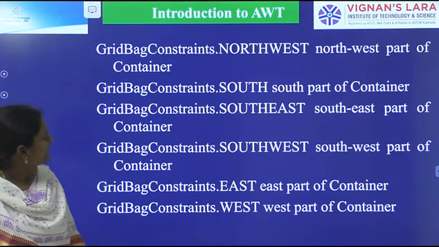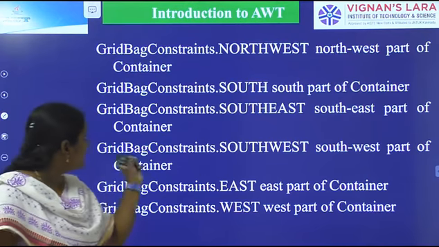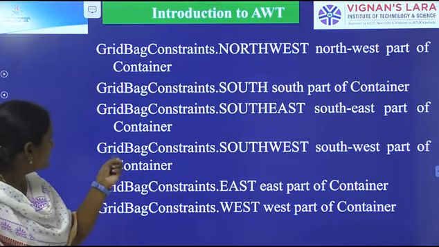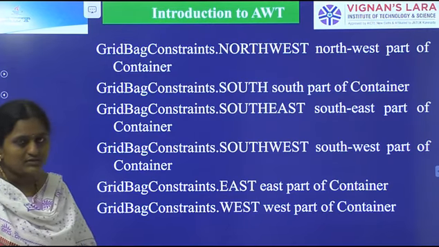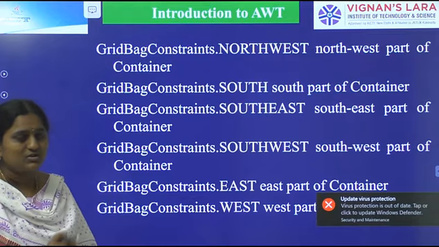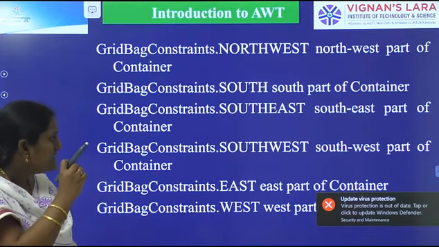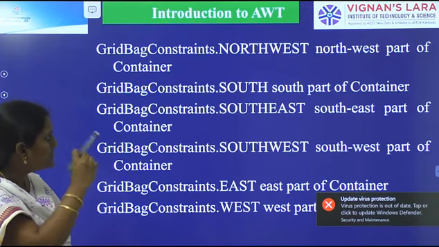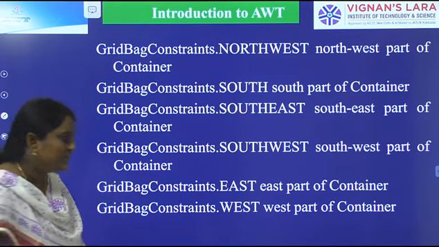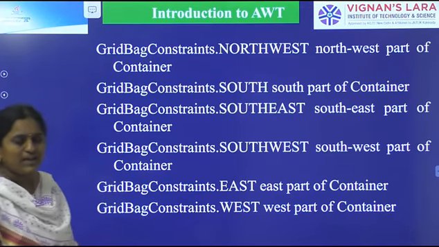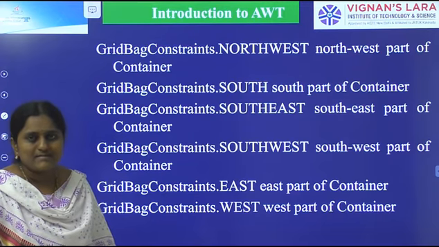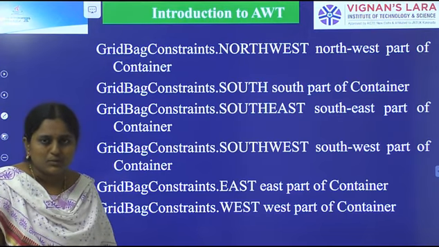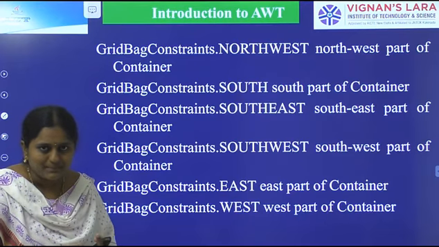In a similar way, GridBagConstraints.NORTHWEST, NORTH, SOUTH. Next one SOUTHEAST, next one SOUTHWEST, and EAST, WEST. These all are the constraints. These all are the anchor positions to specify where you can place a particular component in a particular cell and particular grid.